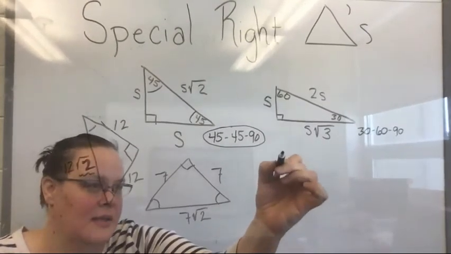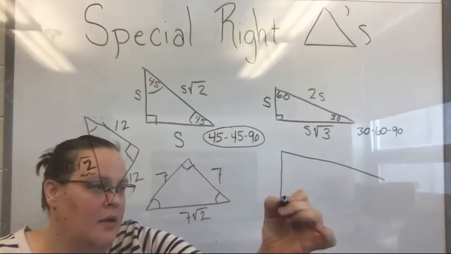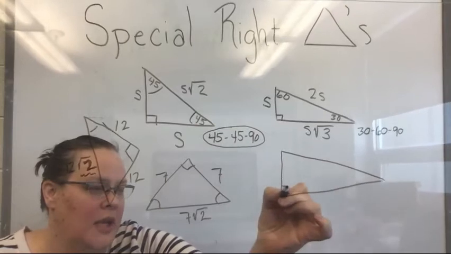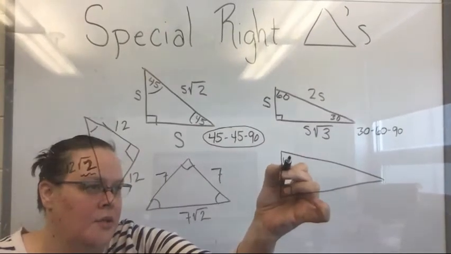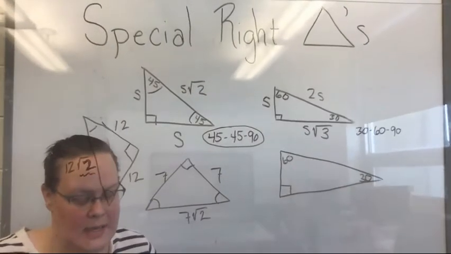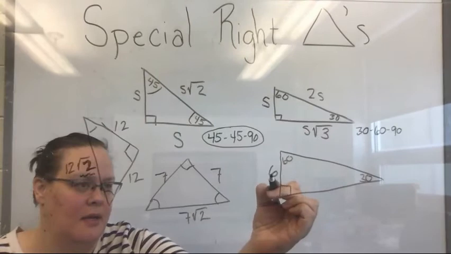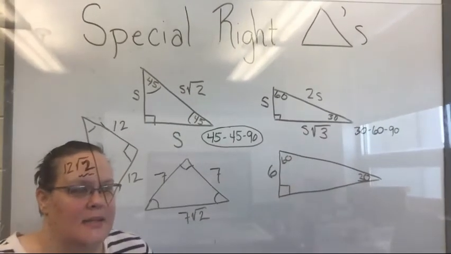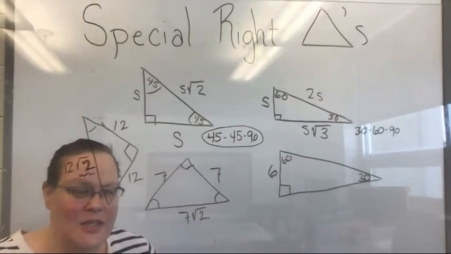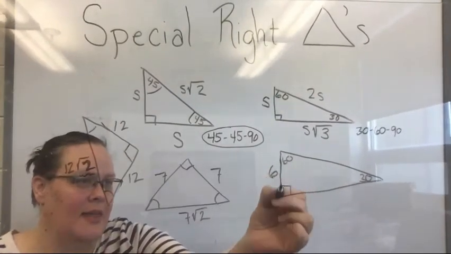So let's look at an example here. You always need to know which angles are which. So here's our 30, 60, 90. And maybe in this situation, we know that this side here is 6. Now pay careful attention here because it's the one between the 60 and the 90.